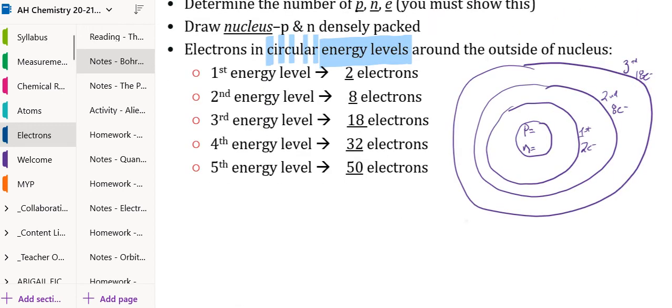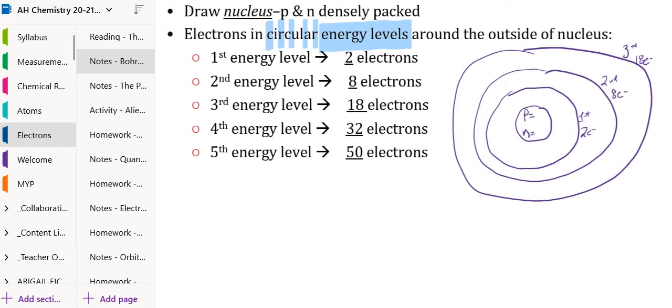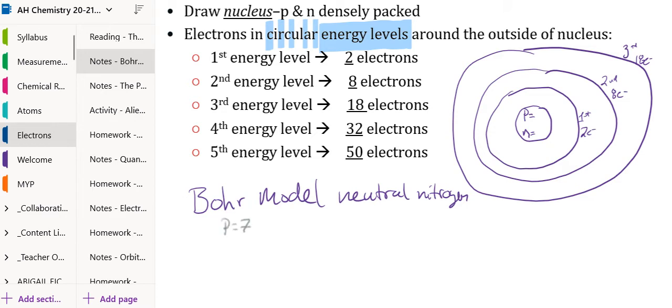So let's do an example together before we go down to the modeled examples. Let's pick an element that's not too big. Nitrogen. So let's do the Bohr model for nitrogen. So, how many protons does nitrogen always have? 7.